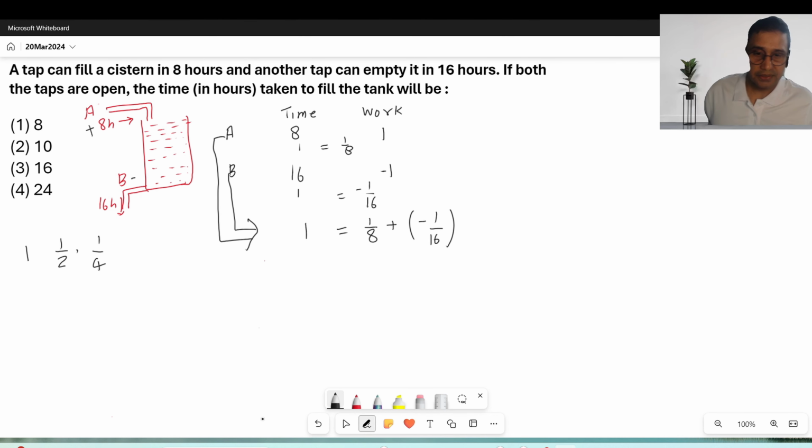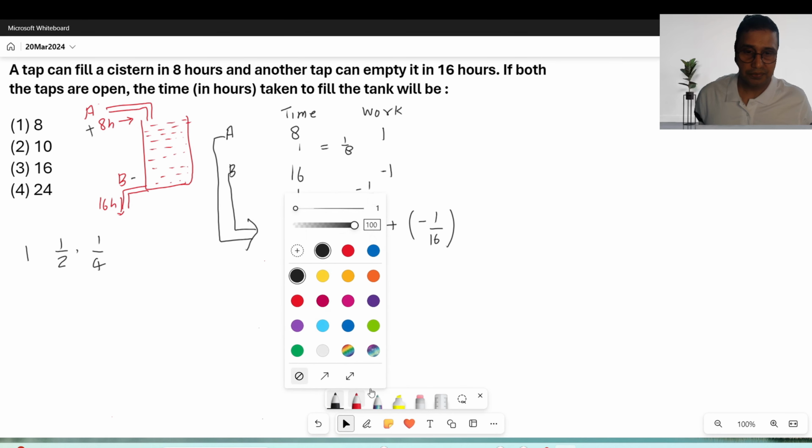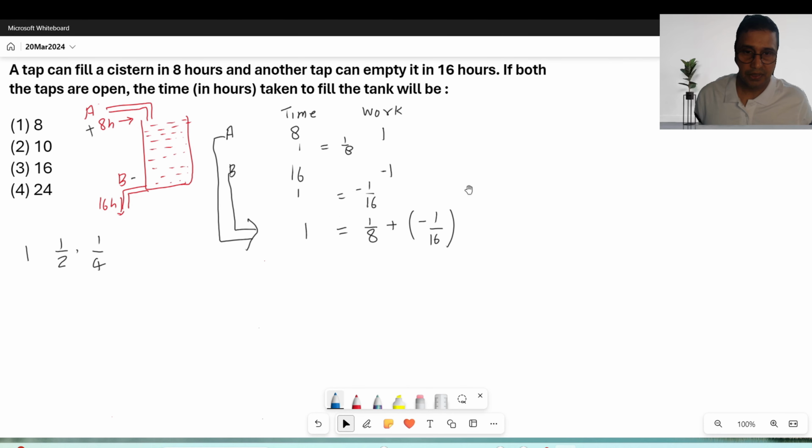Time for another good concept to understand here: how to solve the bracket sign math. We have a positive outside the bracket and a negative sign inside the bracket. Once we open the bracket, this positive sign multiplies with the negative sign, and you know when positive and negative multiply, the answer is negative. Or negative multiplied with positive, the answer is negative.